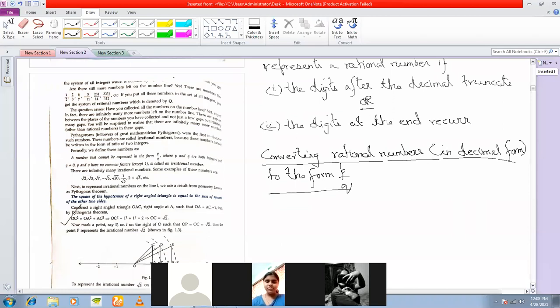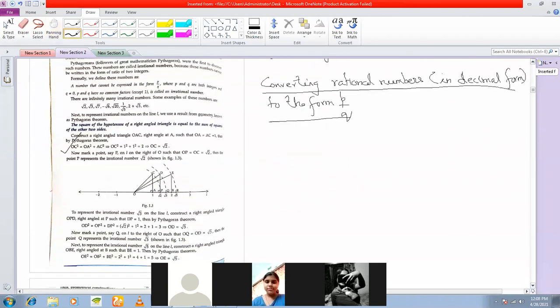Let us start with a very easy problem here. Show that the following numbers are rational. First one, I'll just give you two.